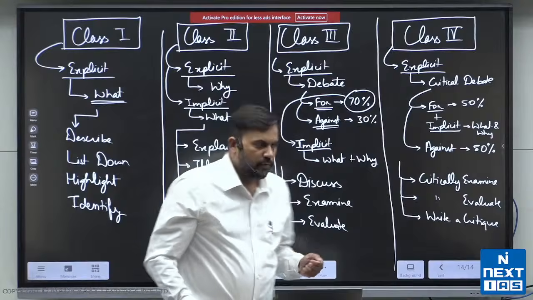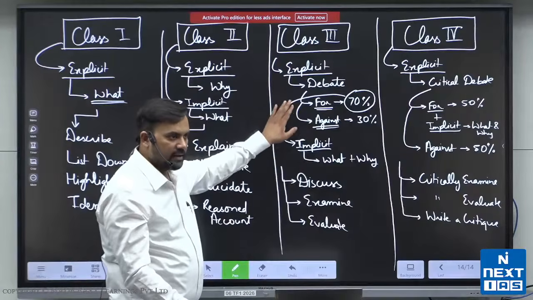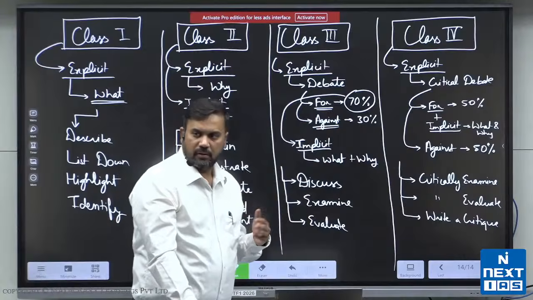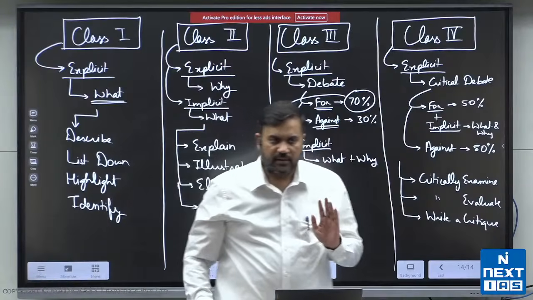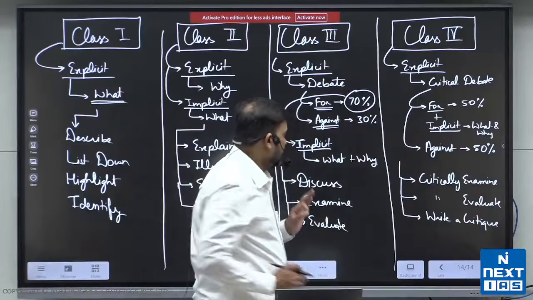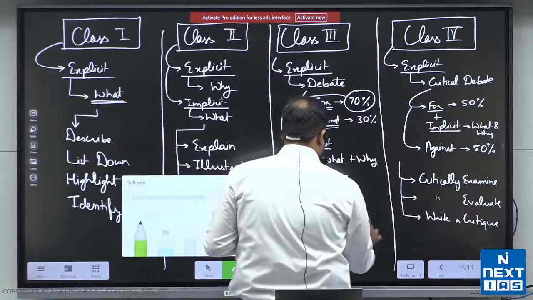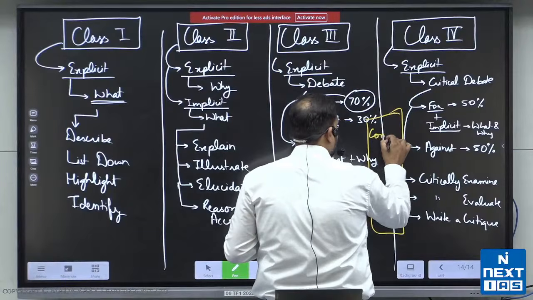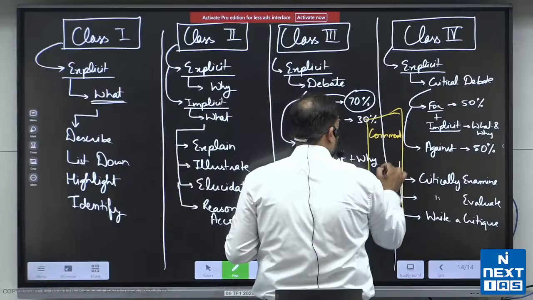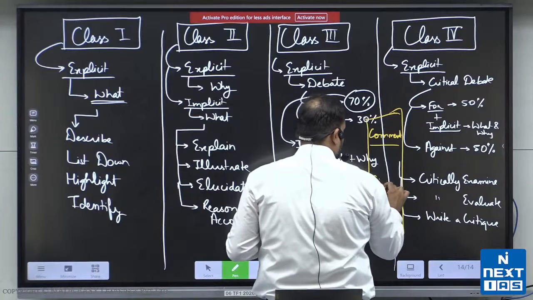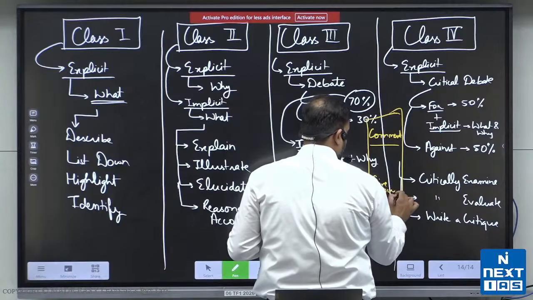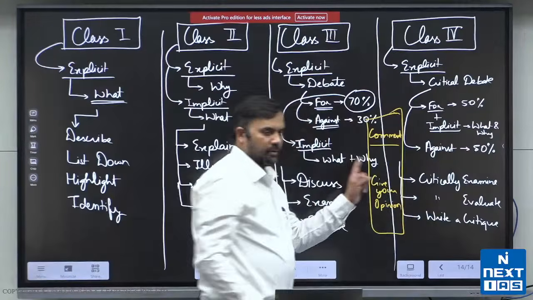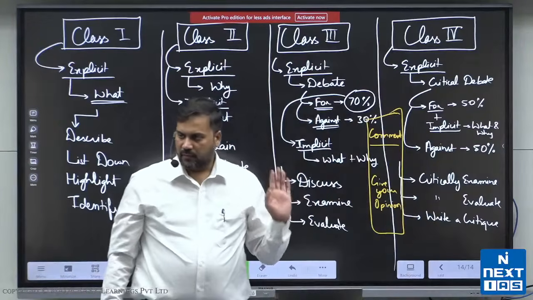So I can go for either writing it as class 3 or class 4 depending upon my understanding of the subject matter. ठीक है. So this means कि जो comment, give your opinion, these type of keywords will fall somewhere between 3 and 4.